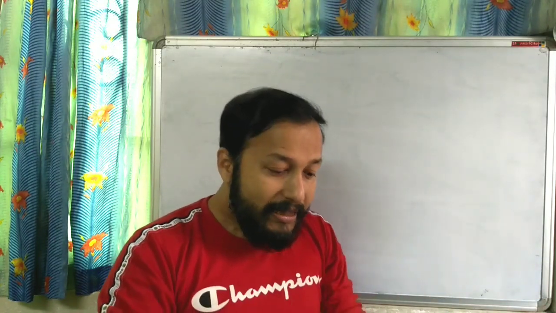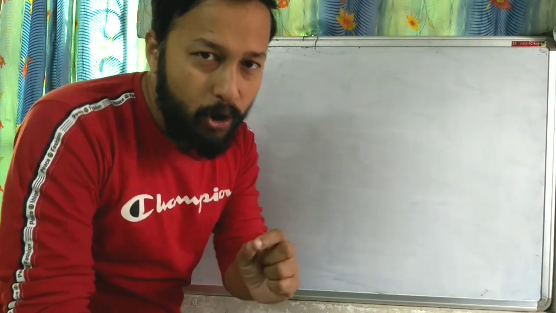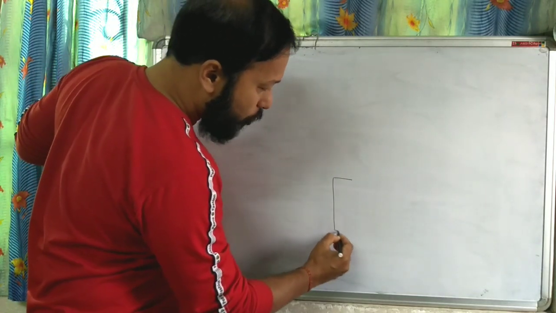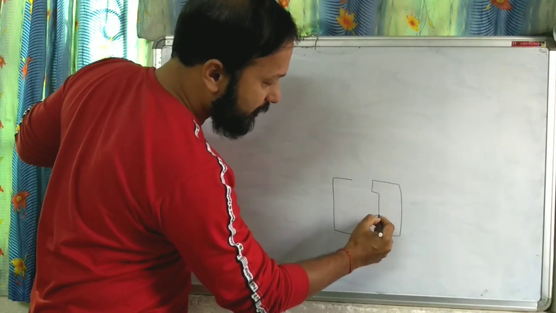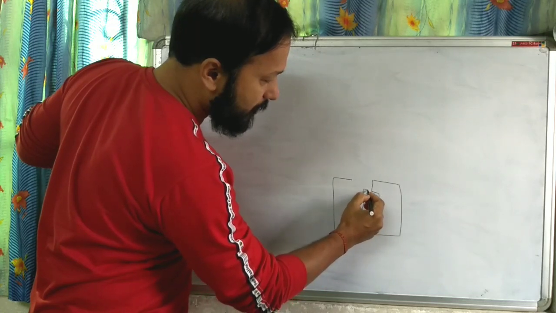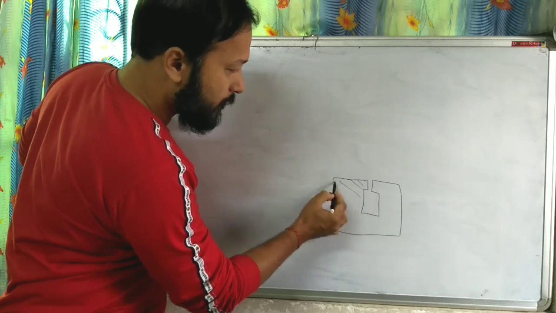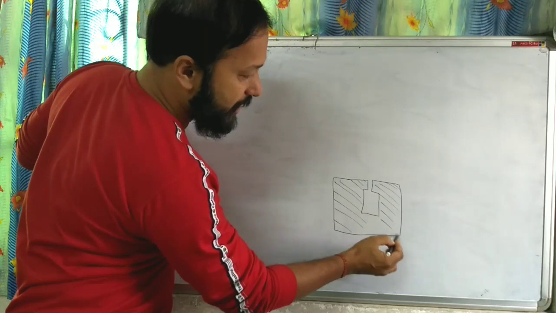Then he continued his experiment. What is the experiment he continued? That I will tell you now. He took a box made of lead. This is the box, made of lead.